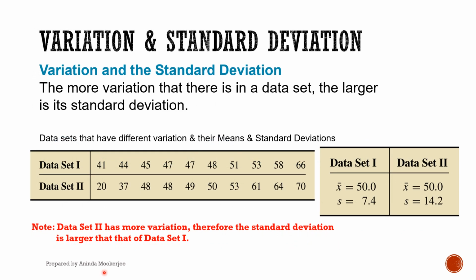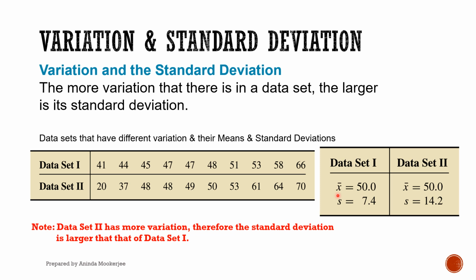Now, before continuing with the distribution of data, let's look at the relationship between the standard deviation value and the spread of data. All right, so here we have two sets of data, data set 1 and data set 2, and we do the calculations for data set 1.